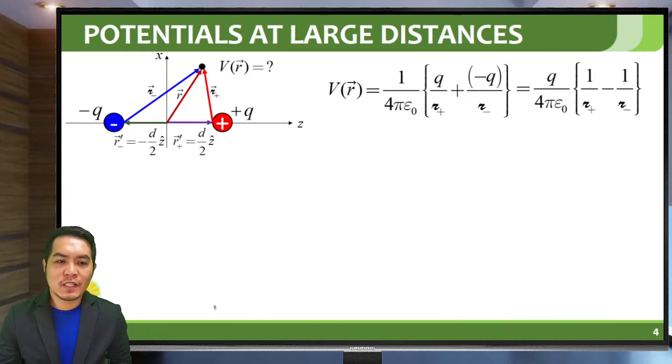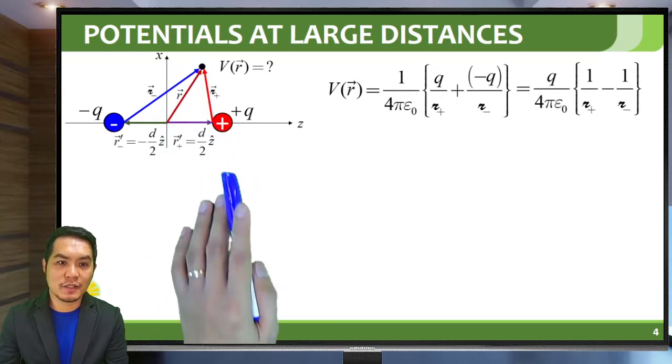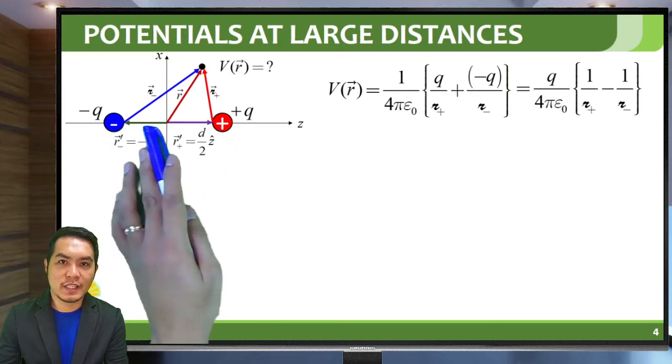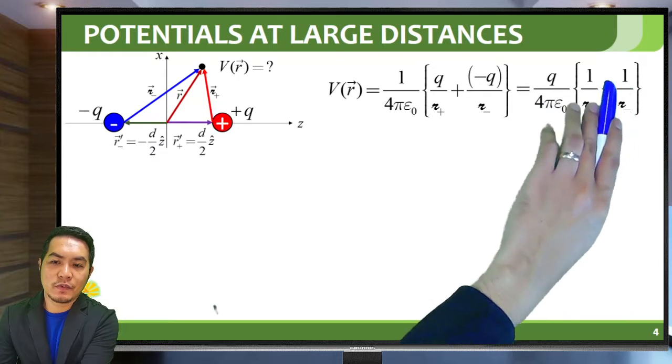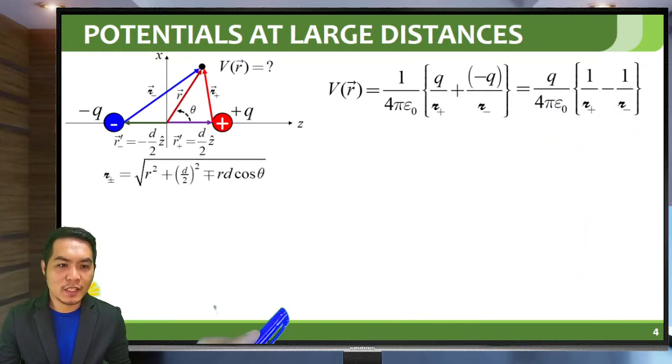Okay, so when r now is very much larger than your r prime, which in this case is related to d, we can have an approximation of this term here. But first, what is the curly r, the separation distance vector? So we use the cosine law.